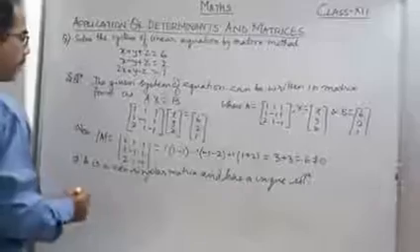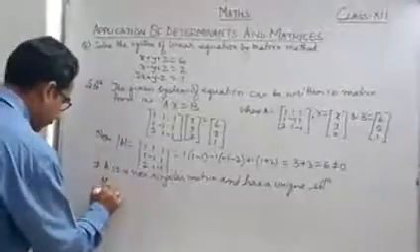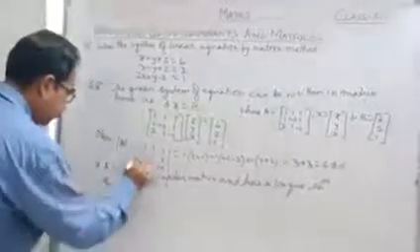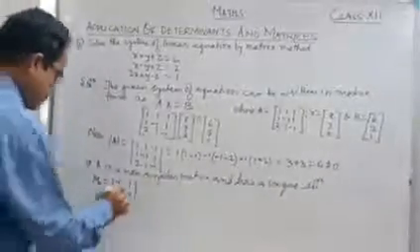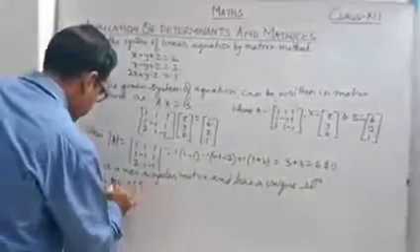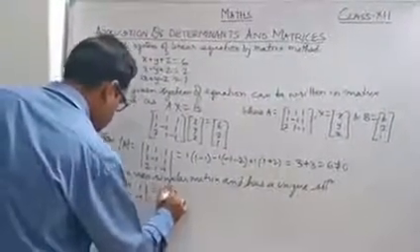Okay students, so now we have to find the cofactors. So first of all, find the minor. So M11 will be what? Minus 1, 1, 1 minus 1, correct? So that will be 0.